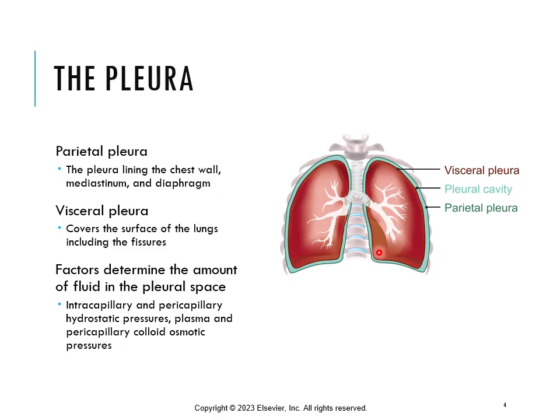Capillary permeability, are the capillaries letting fluid in and out? The oncotic pressure itself, and lymphatic drainage, in addition to the negative interpleural pressure of the lungs. Remember that the pleural pressure is always negative. And for every 100 mils that are made, more fluid leaves the lungs.